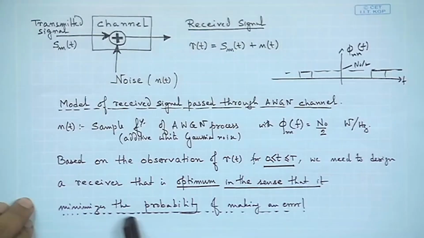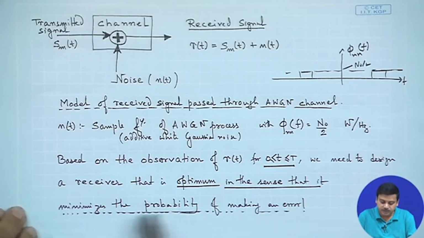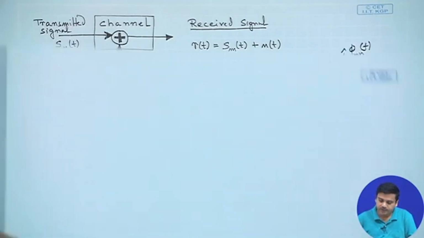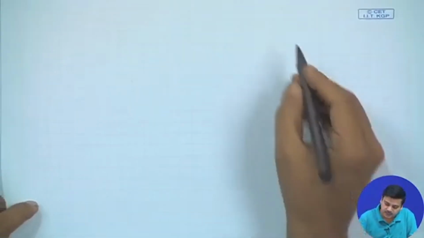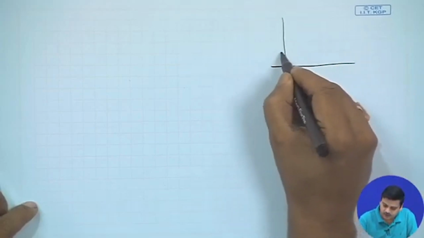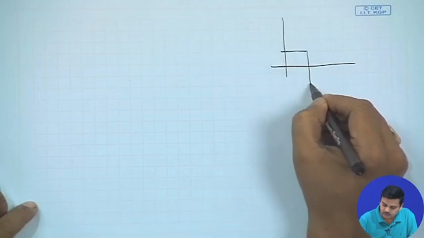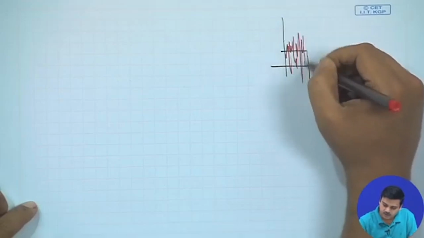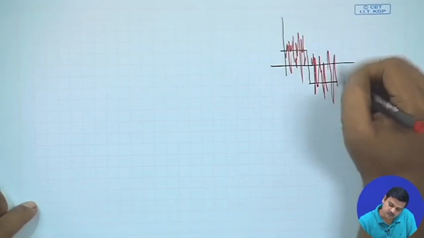For the receiver, it makes sense to define the optimality criterion in terms of making an error in the decision. You want to minimize the chance of making an error. Why we make an error is what we had briefly discussed: suppose you have two levels, and there is noise that gets added to this.